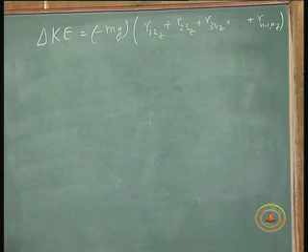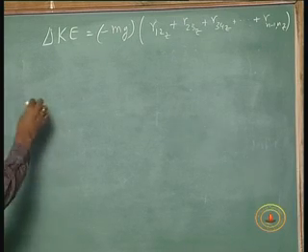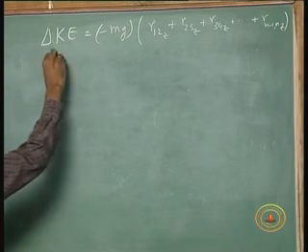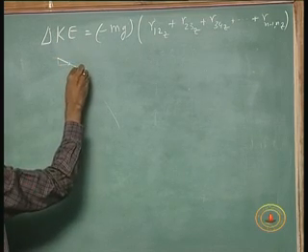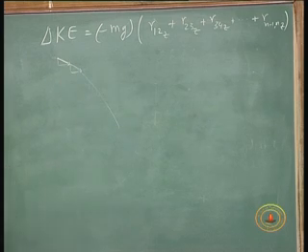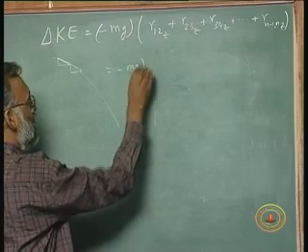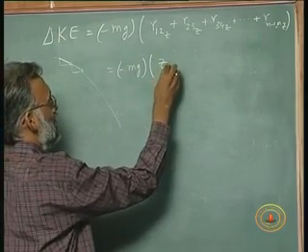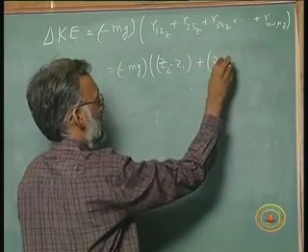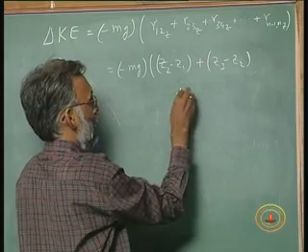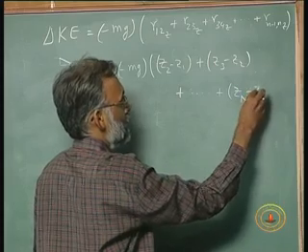Now, each of these, if you look at this, is just the amount of distance by which the trajectory dropped in z. So, it can be written as minus mg times (z2 minus z1 plus z3 minus z2, many other terms, plus zn minus z(n minus 1)).